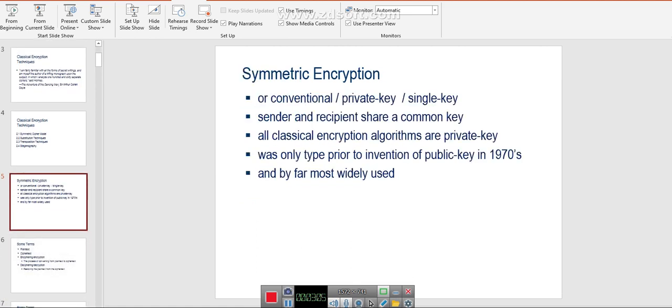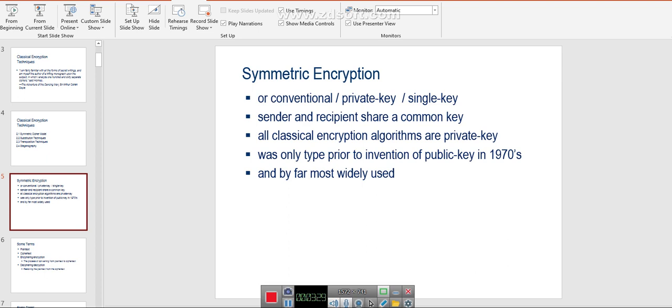When we talk about symmetric encryption, we're simply talking about a private key or a single key or a conventional way of encrypting. So basically we are saying a sender and a recipient share a common key.